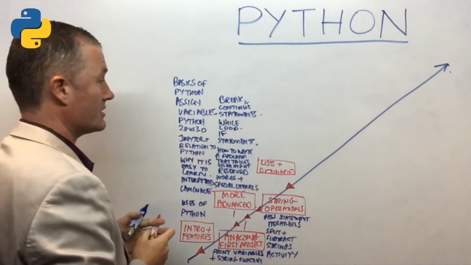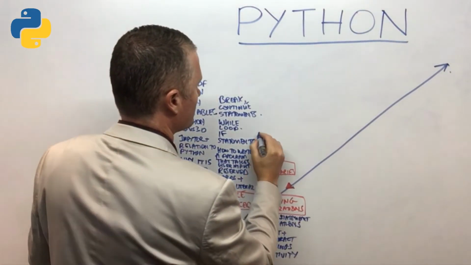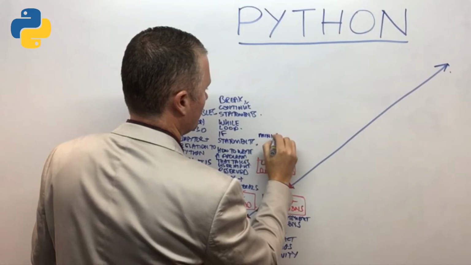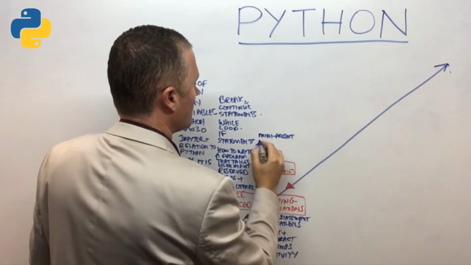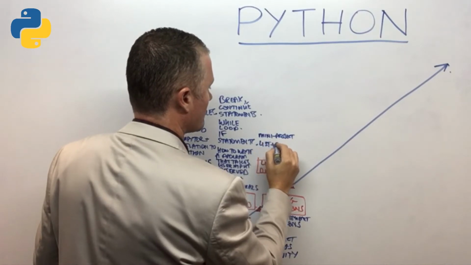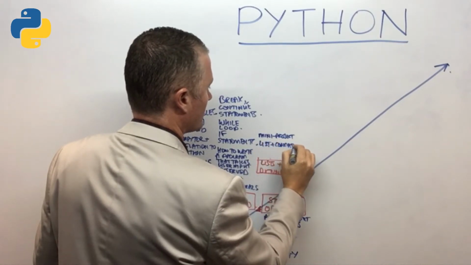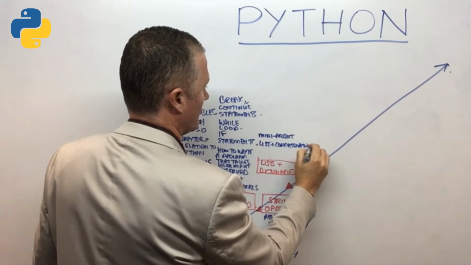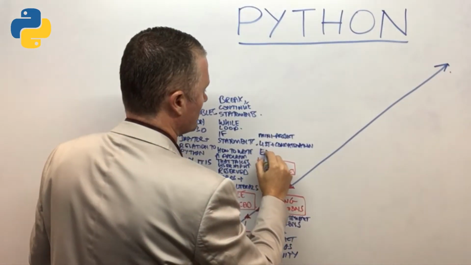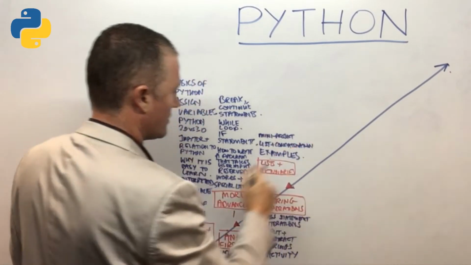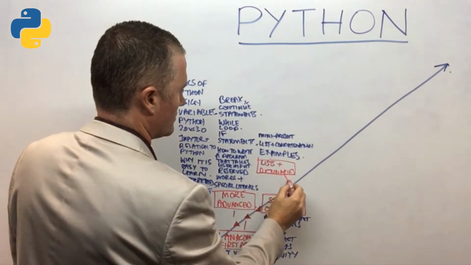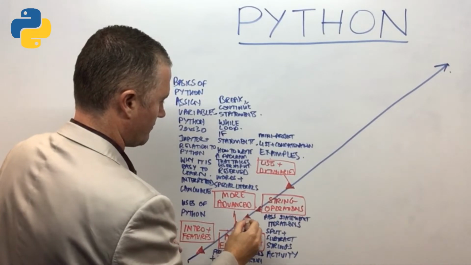Under lists and dictionaries, once again, there's a mini project. And then we'll give you what's called list and concatenation examples. Okay, key concept there that you need to be able to work with.